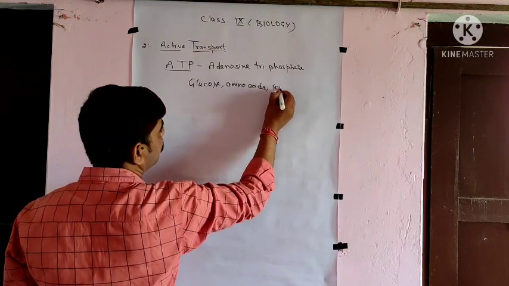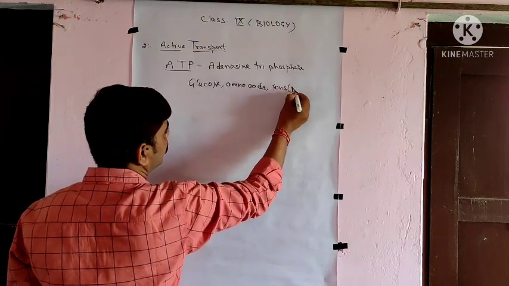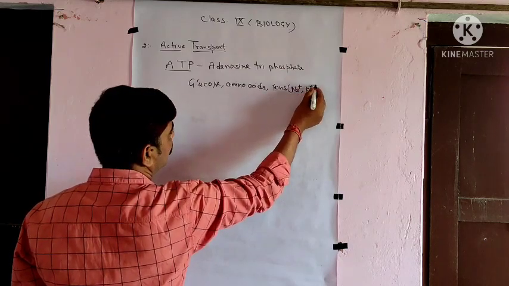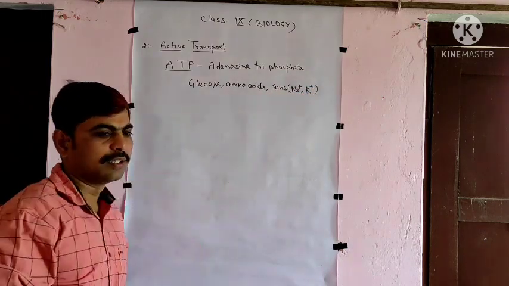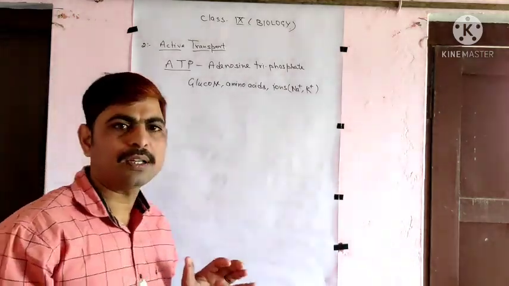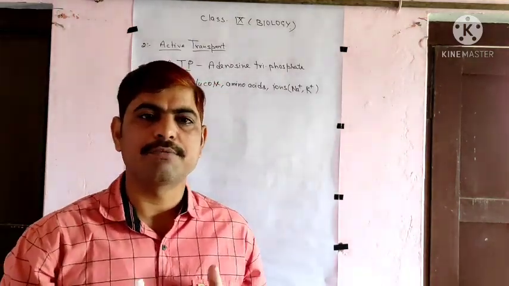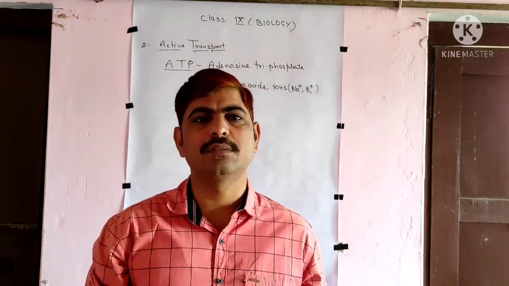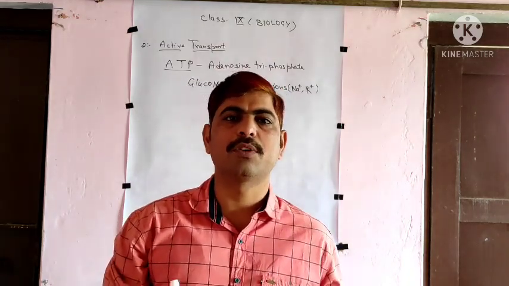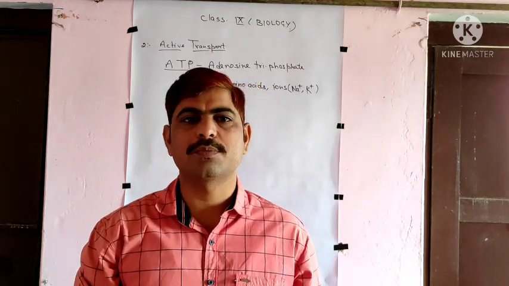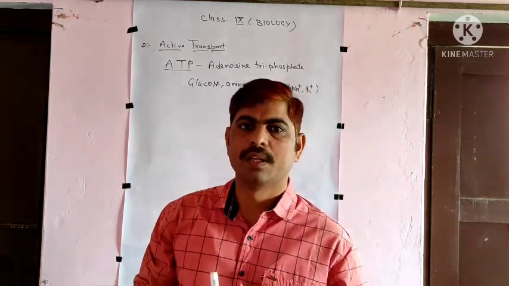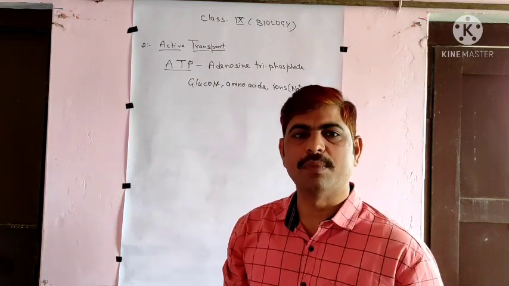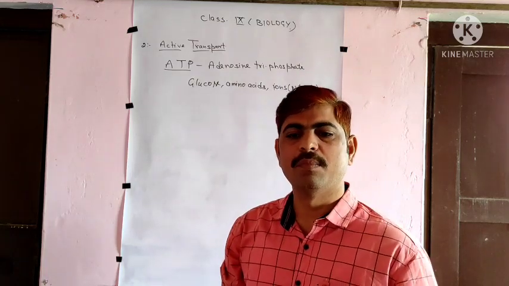So this mechanism of transferring material across the plasma membrane against the concentration gradient is called active transport. Active transport uses energy and carrier protein for transferring the materials across the plasma membrane.